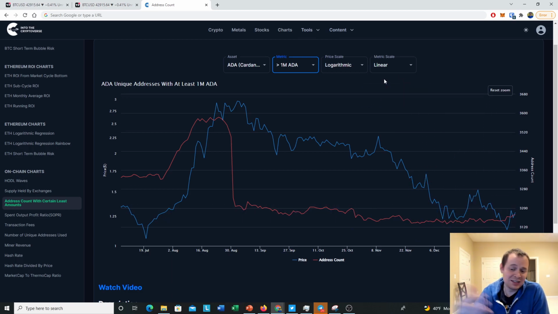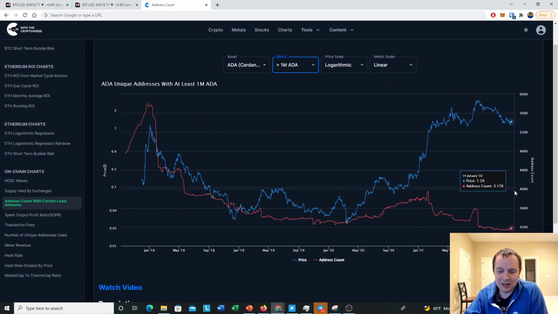And I think this stuff is at least worth watching, because over the next several months, if we start to see the number of wallets holding at least 1 million ADA start to go back up, like it did over here, then that could be indicative of a major move coming. You can see the number of wallets holding at least 1 million ADA increased significantly, headed out of this accumulation phase.